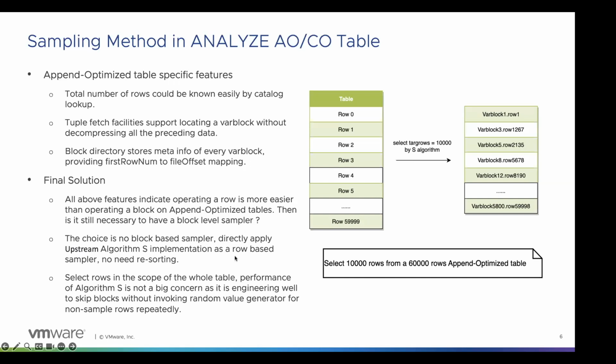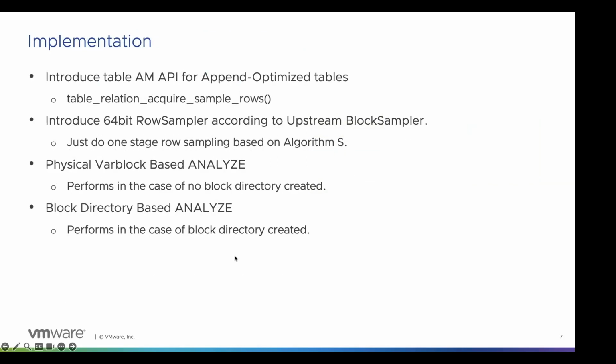Okay, next, the implementation. Because there is a very different storage layout between heap and Append Optimized tables, and also because senior engineers like Hiki recommended using the table AM API to abstract the implementation based on different storage layouts, we introduce a table AM API for the Append Optimized table for this sampling method.